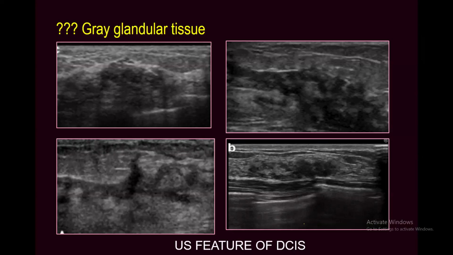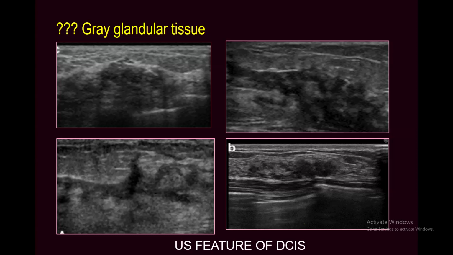Okay, same as on MRI. And I start to put in my report, you see, non-mass-like. Just recently, in the literature, they start to describe this area as non-mass-like lesions.